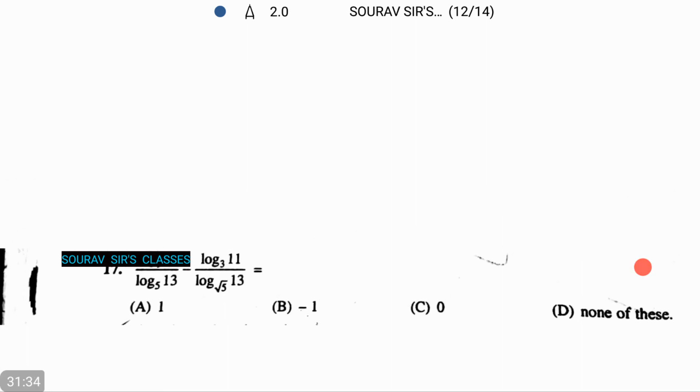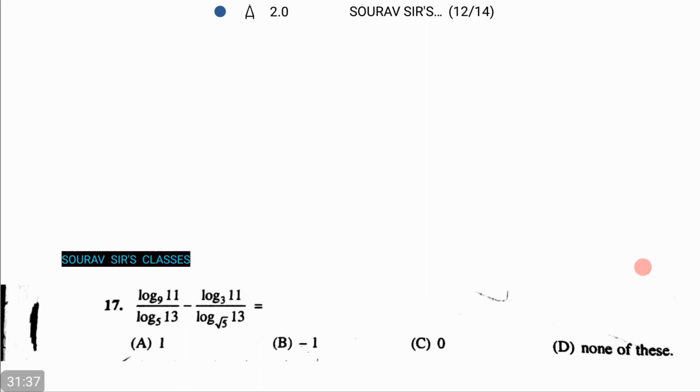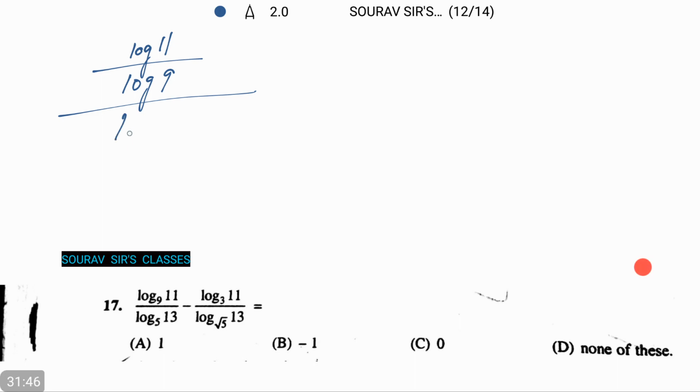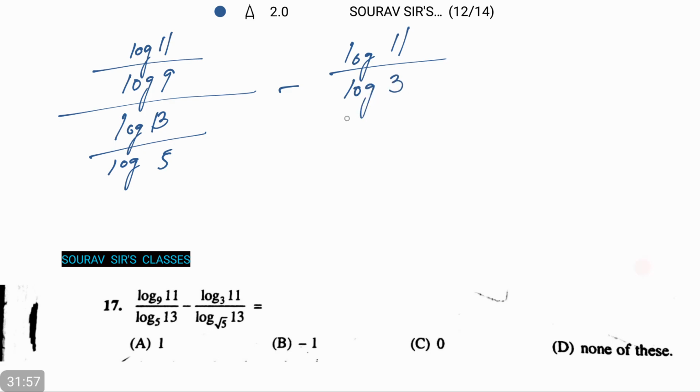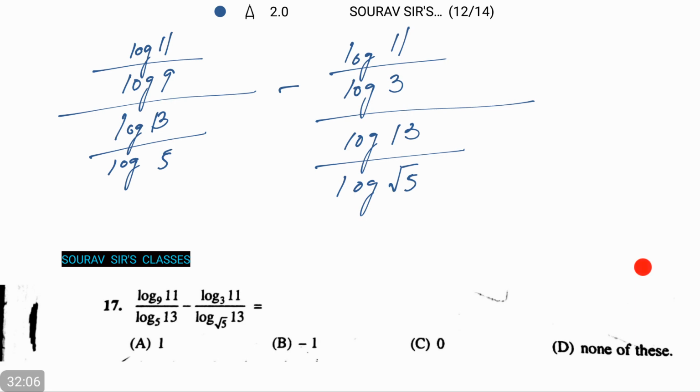So what we do is we just write this as log 11 by log 9 by log 13 by log 5, minus log 11 by log 3 by log 13 by log root 5.